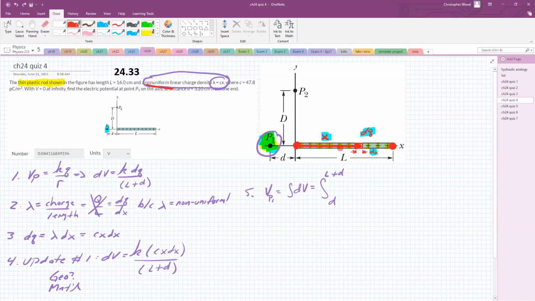And certainly we should talk about limits of integration because a lot of times that's the tripping point. But I want to take the point all the way out at distance L plus D and go all the way to D. Okay, and the way I double check myself, for me, L equals 0.16 and little d equals 0.032.